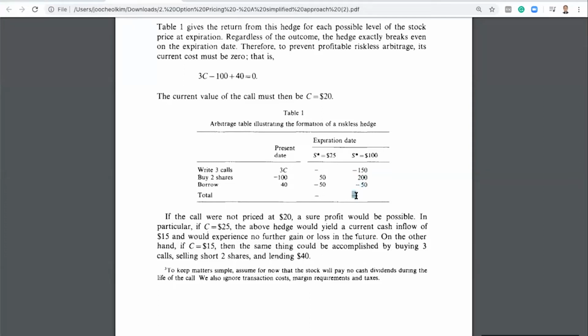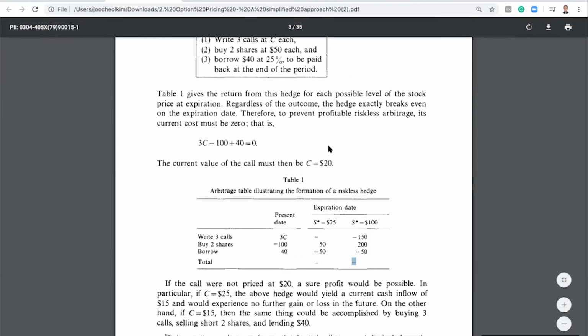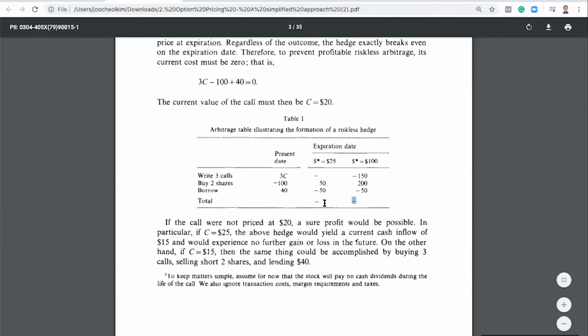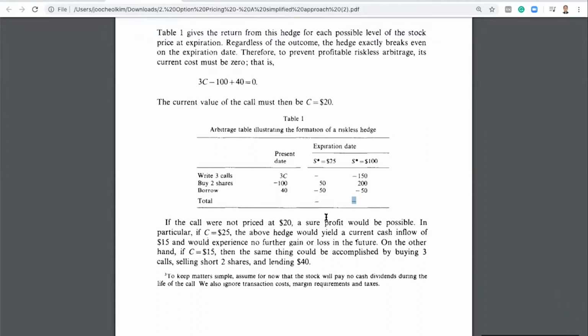And this is the clue. At the beginning, you set up a certain portfolio, and at the end of the period, whether it goes up or goes down, you don't have to pay anything. Since we assume that there are no arbitrage opportunities, that means the cost of building the current portfolio should be 0.